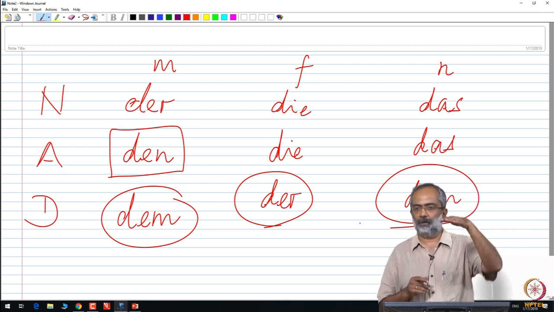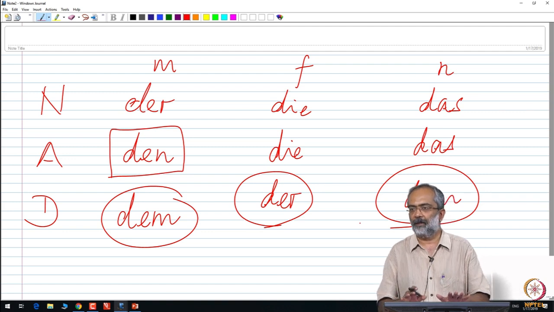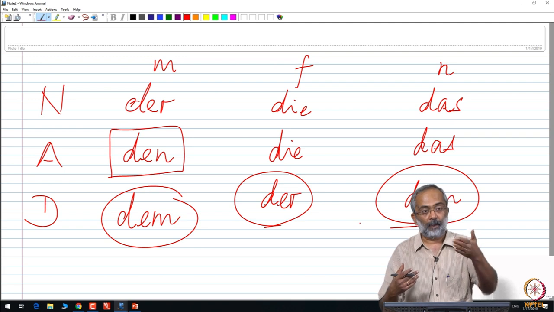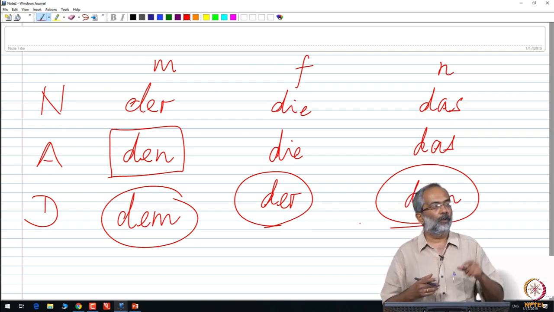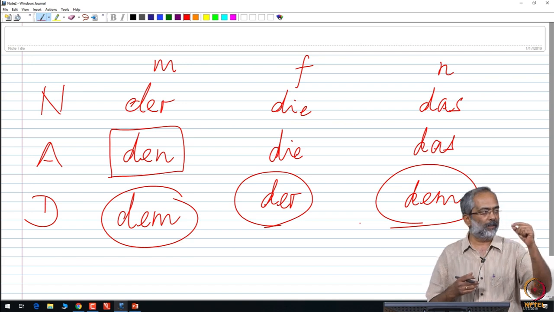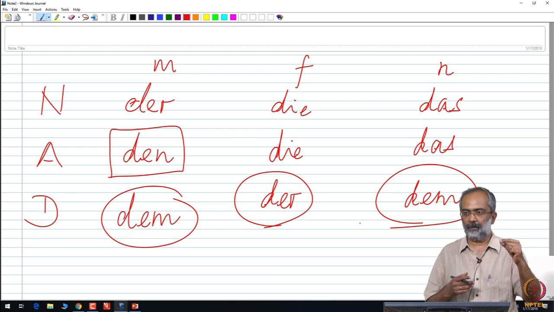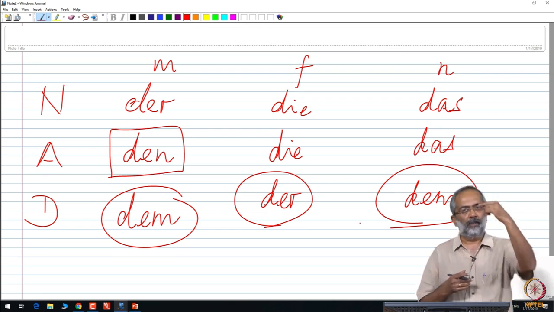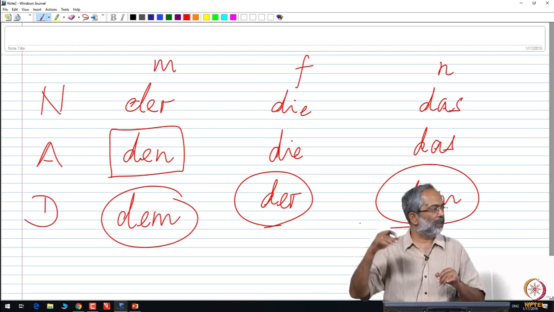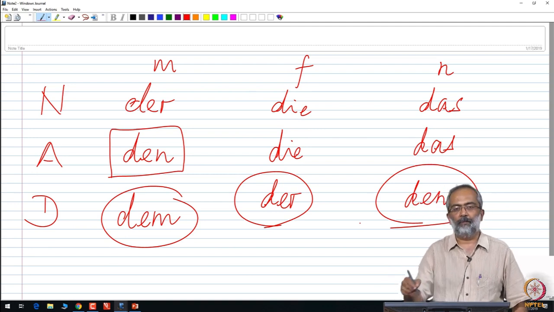Now these are called the definite articles, right? Der, die, das are the definite articles. What are the indefinite articles? Ein. So you have already seen that ein also, if it is masculine accusative, becomes einen. Clear to everybody? Feminine accusative remains eine and neuter accusative remains ein, no change, which corresponds to this table as well.